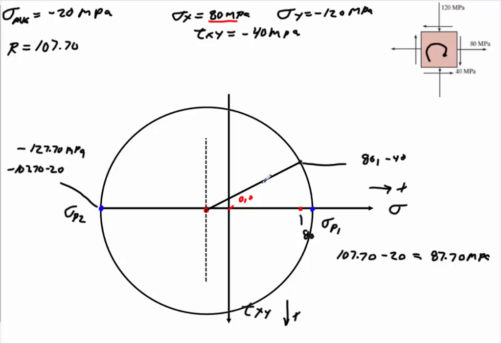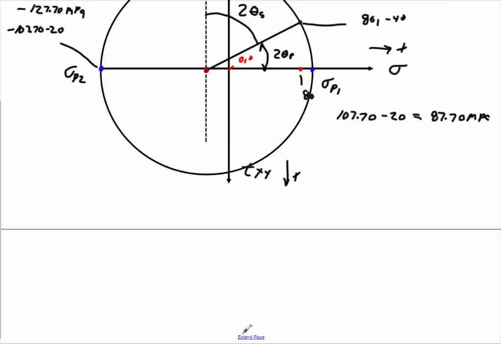Now this angle here represents 2 times theta of our principal stress. This angle right here represents 2 times our shear angle. So now if I want to find out theta 1, I'll do the tangent.